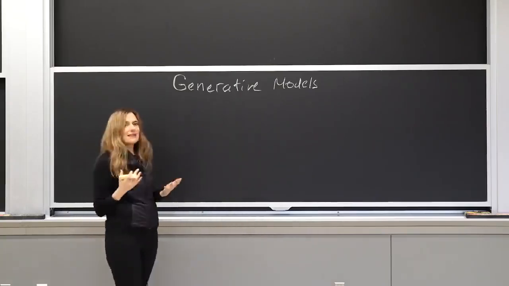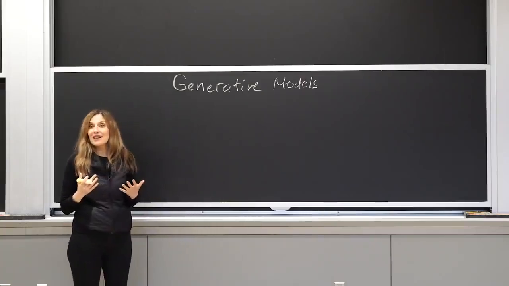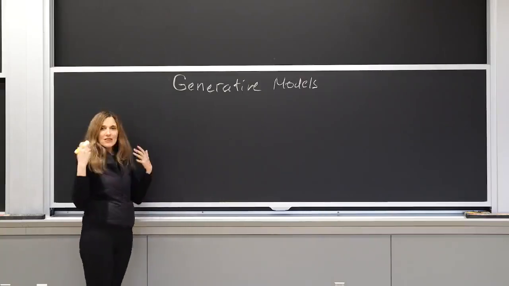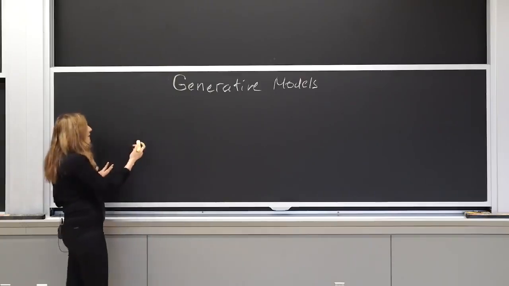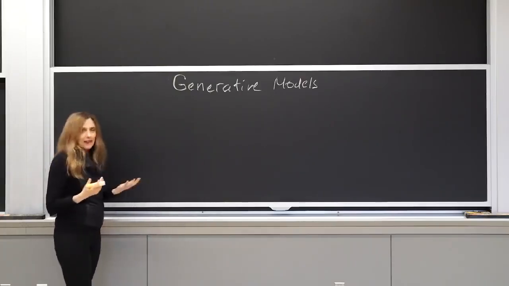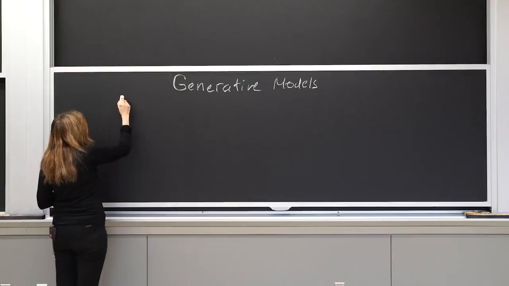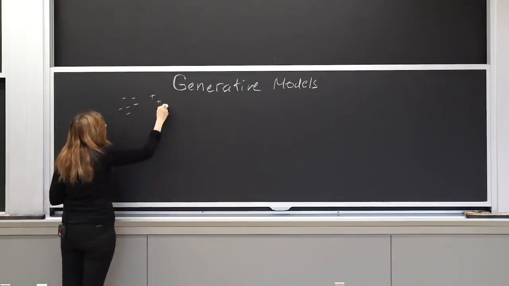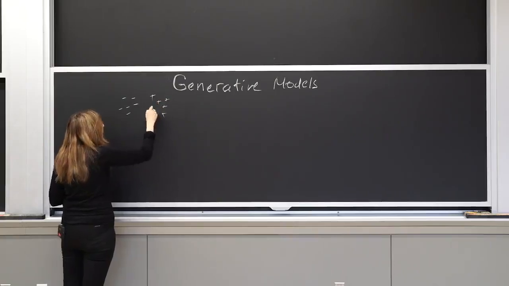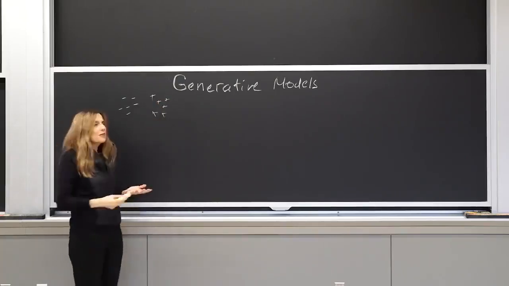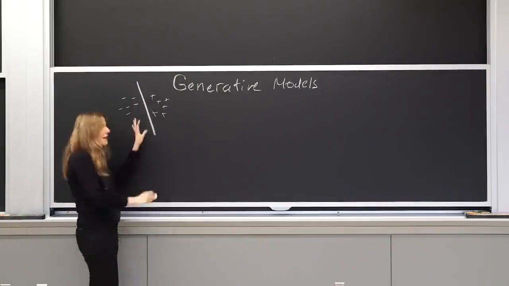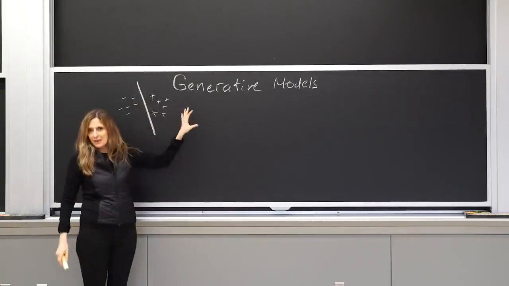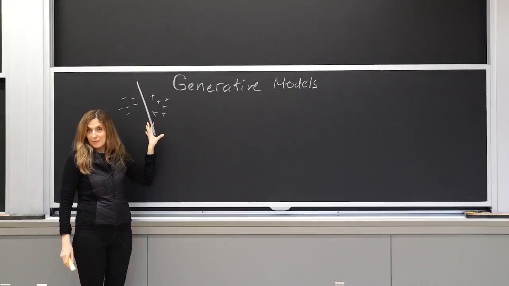You remember in this class, whenever we talked about classification, the picture that you had in mind is that your classifier had training data which consisted of some, let's say, positive and negative instances. And the job of the discriminative model was to find a separator that discriminates between these positive and negative examples.